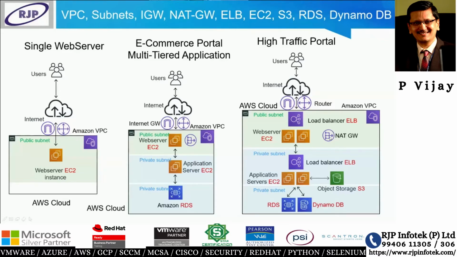The NAT gateway will be connected to the internet and will allow your databases and application servers to use it and download from the internet. That's only for getting inputs, getting stuff from the internet for their own use, and not for the internet to access them. That will be prevented, not allowed. Okay.